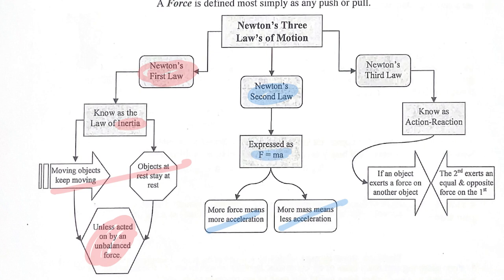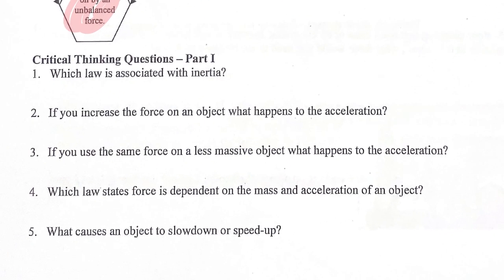Okay? And you can use the equation F is equal to ma. And then you have the third law, right? Each force acts as a pair, and they are always equal and opposite. Forces act in pairs. So those are our three laws. Okay?